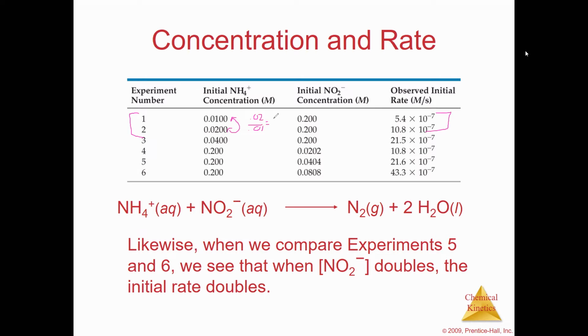All right, that's equal to 2. Same here. Your bigger number, 10.8 times 10 to the negative 7, divided by your small number, 5.4 times 10 to the negative 7. 10 to the negative 7 cancels. 10.8 divided by 5.4 is also 2.